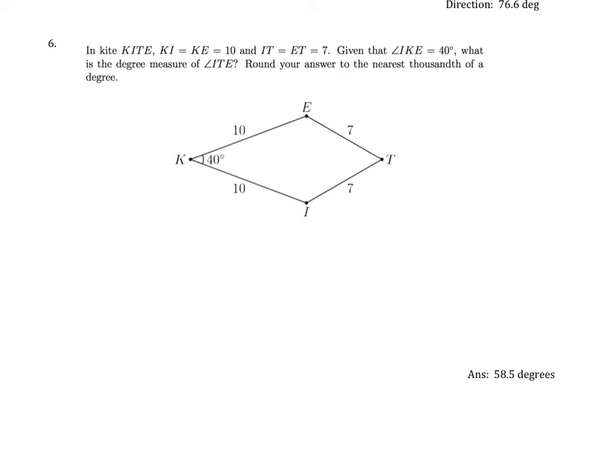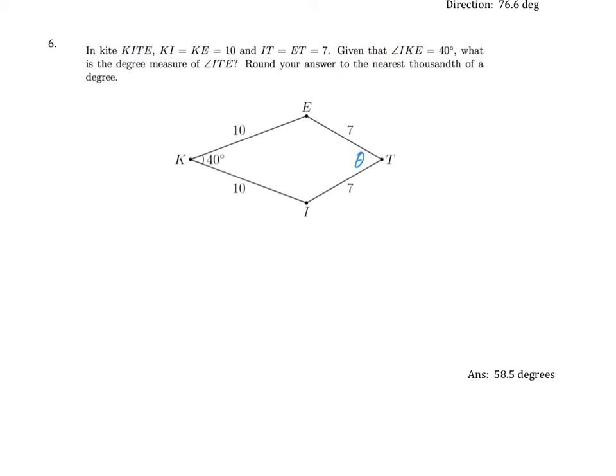I'll call it theta for now. So we need to find theta. One thing that we can do is perhaps take this kite and divide it into two triangles, since we know law of sines and cosines. Perhaps they might help.